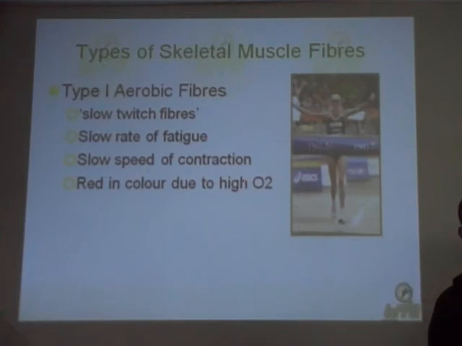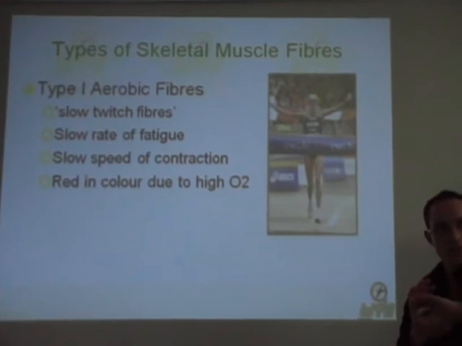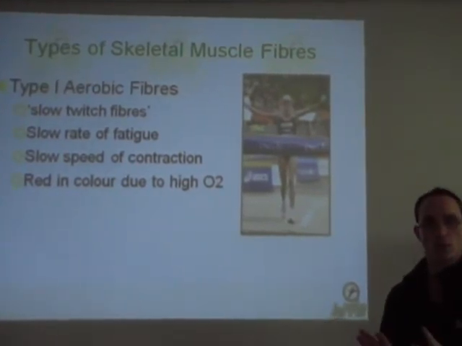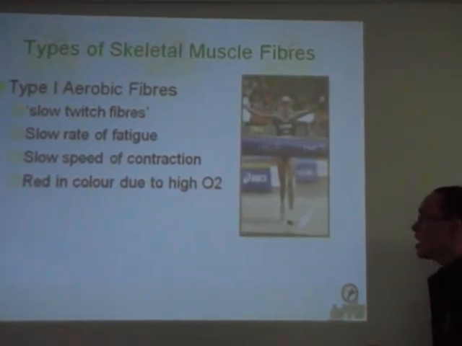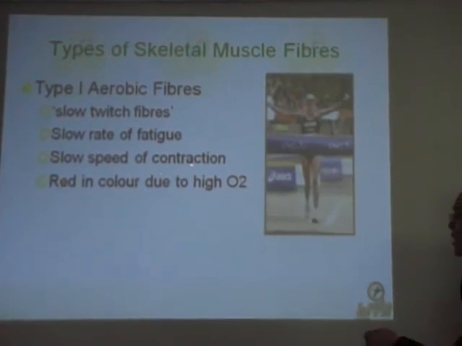Now, what determines the force production of a fibre is its number of cross bridges, golf club heads, myosin heads. The greater the number of myosin heads, the more force can be produced. These muscles have a low number of myosin heads and a high number of mitochondria, because they require oxygen to metabolize foods to create ATP.